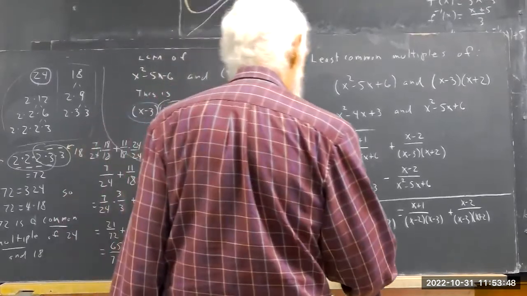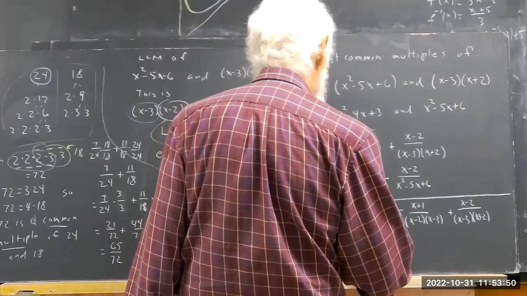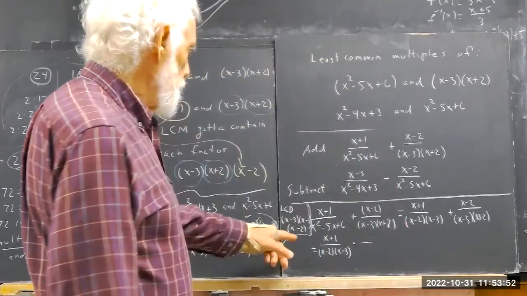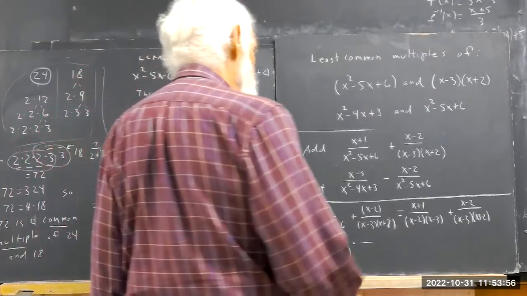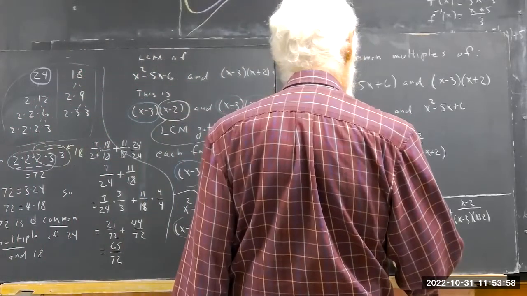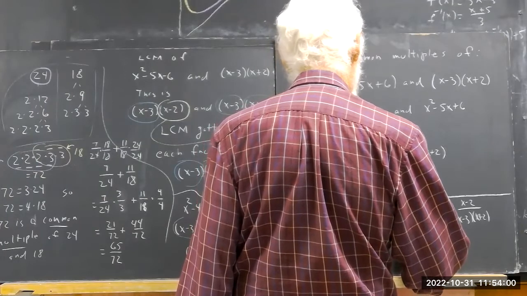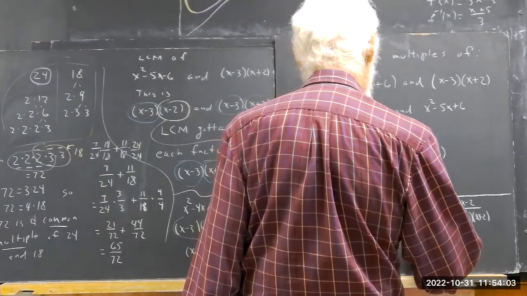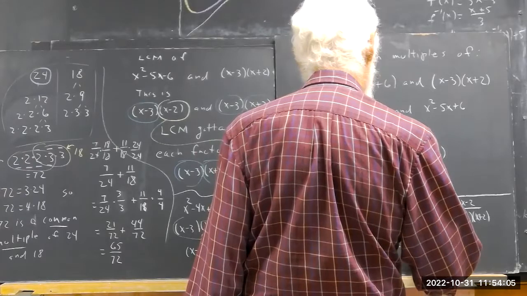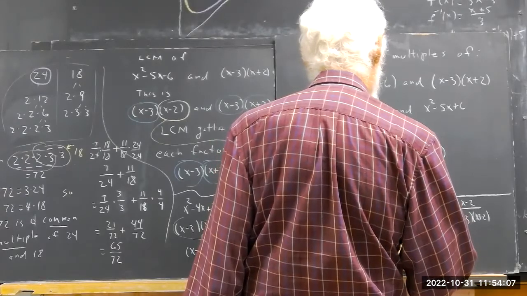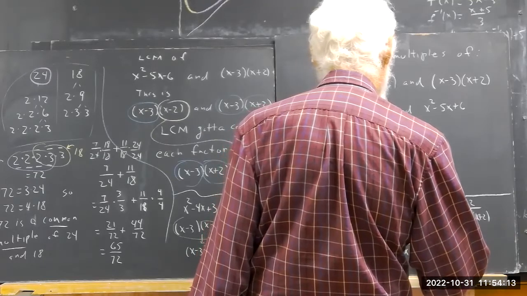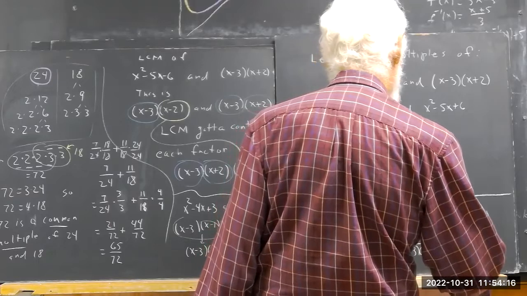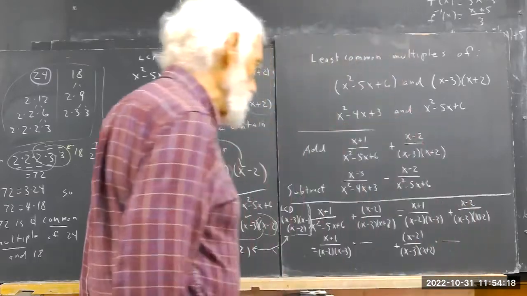And then I'm going to multiply by something over something, so I get the least common denominator. And then it's going to be plus x minus 2 over x minus 3 times x plus 2, times something over something.